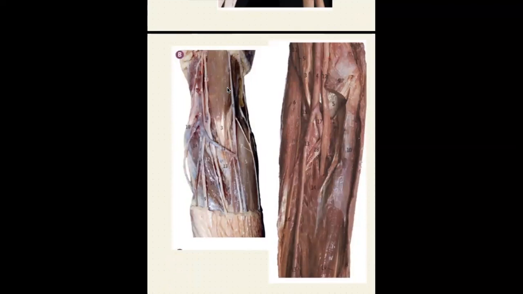Because it will be asked in the question again and again. Coracobrachialis, biceps brachii, and brachialis muscles are supplied by the musculocutaneous nerve. That's great. So that means biceps, brachialis and coracobrachialis, right? Yes. Okay, so come to this picture.